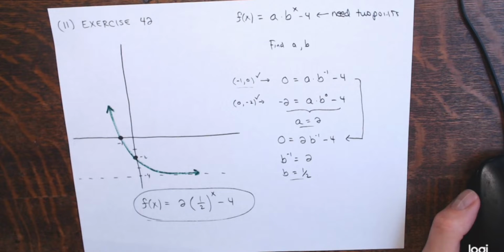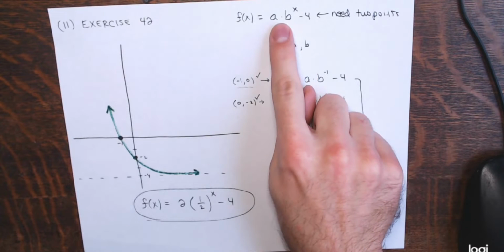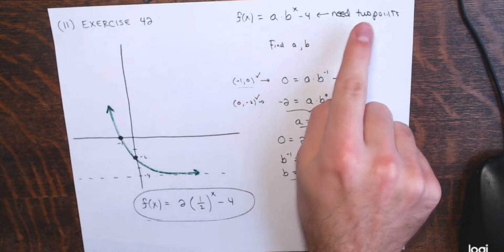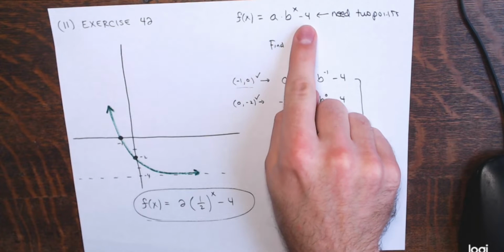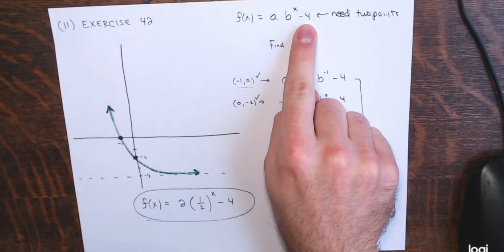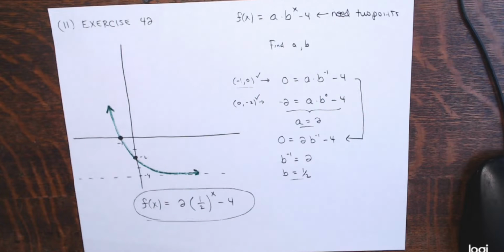And then you had this last couple where you were given a graph and asked to find an equation for it, either using transformations or remembering that this concept here, you only need 2 points to find a basic exponential function, a times b to the x, and then you just add or subtract something based on where the asymptote is. You can do that too.